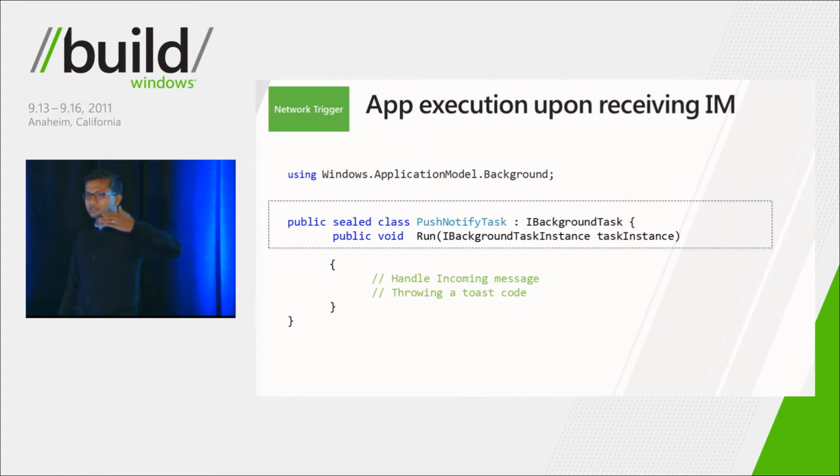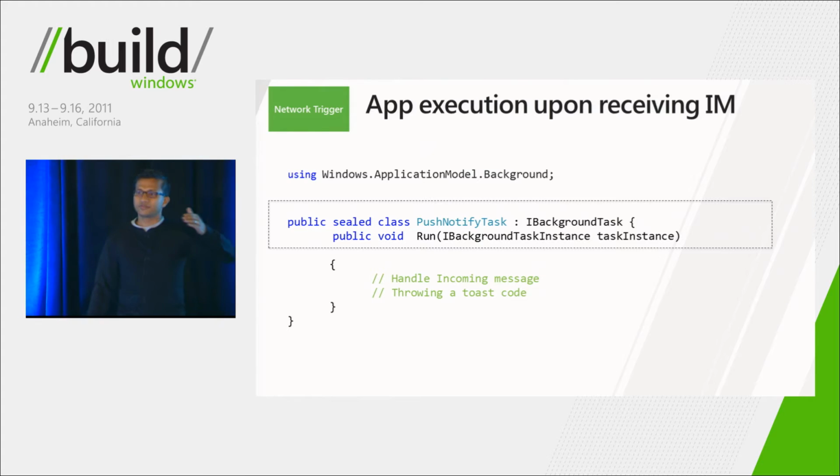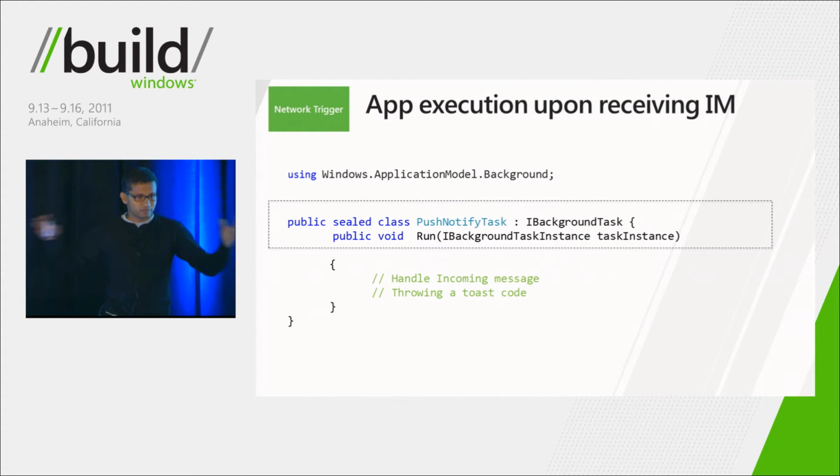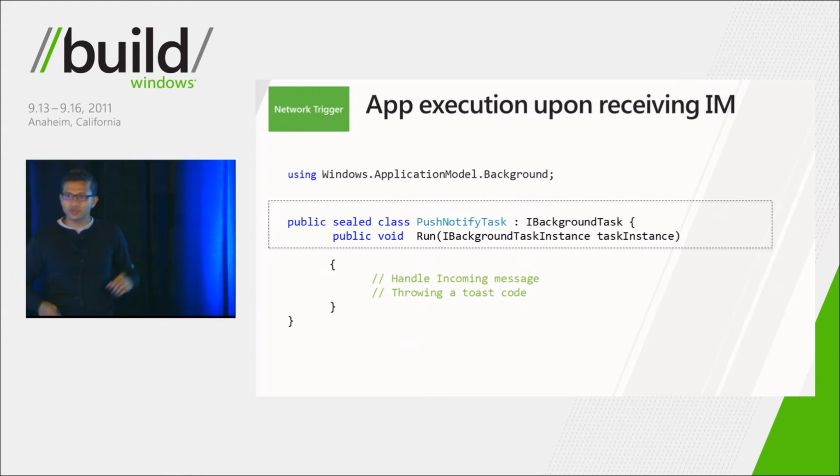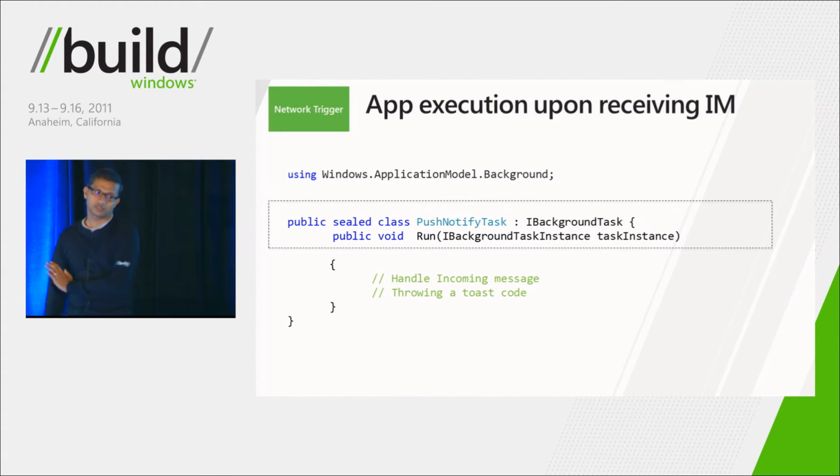In that class, you're going to see an interface that gets implemented. That is the IBackgroundTask interface, and in that interface, there's a run method. If you pay close attention, you're going to see that this particular way of describing the background task is the same. You're going to keep changing the class name, but the IBackgroundTask interface and the run method are common across all the trigger APIs.